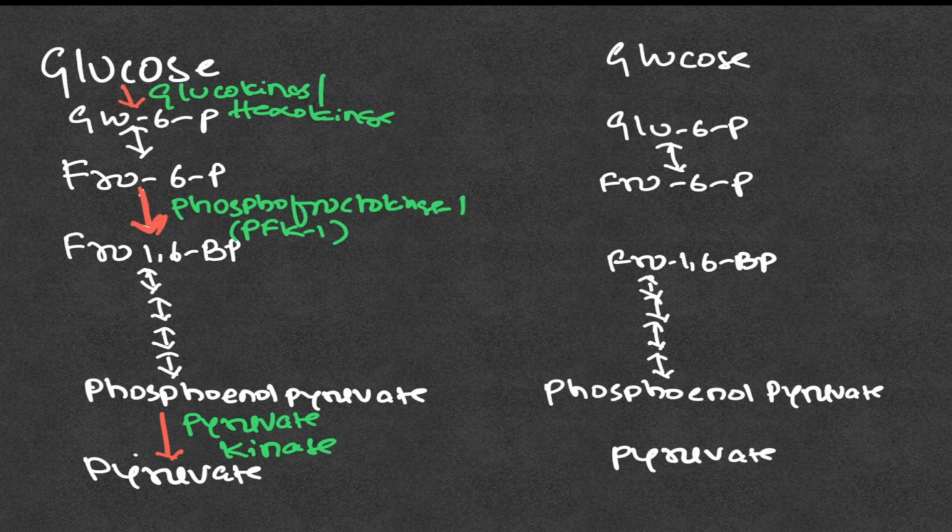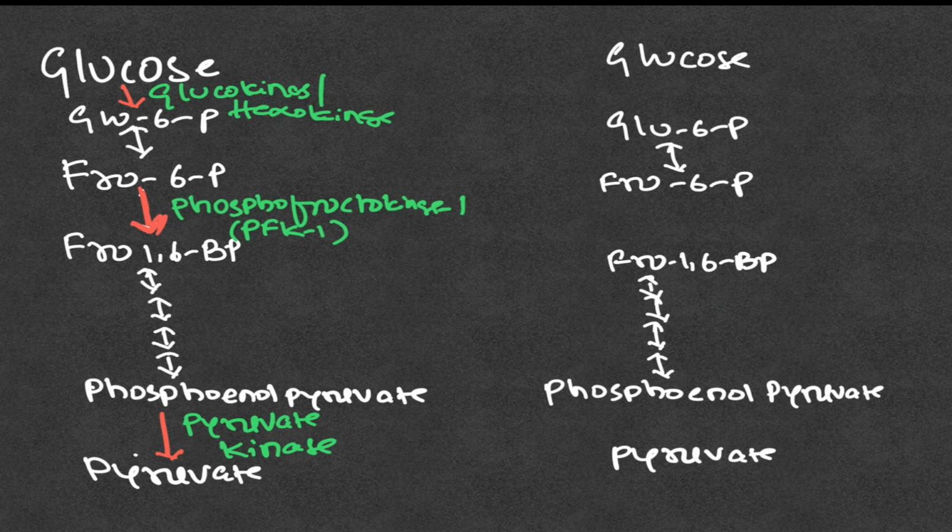These are the only three irreversible reactions that you need to take care of so that you can reverse pyruvate all the way back into glucose, because other than these three, all other reactions in glycolysis are reversible. That means you can use the same enzymes that were involved in glycolysis to reverse all the reversible reactions. We don't need to bring in a new enzyme.